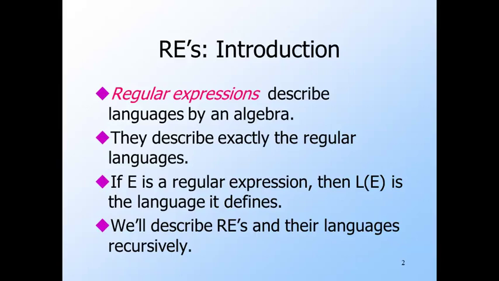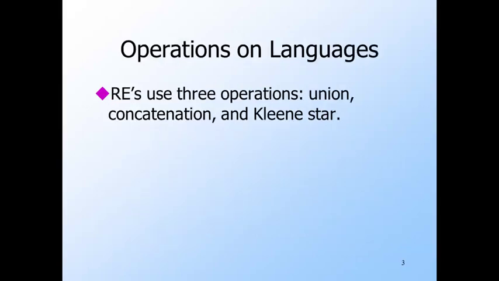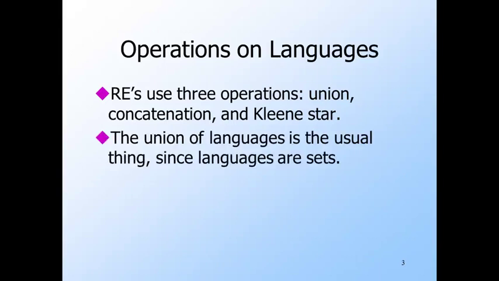We'll use L of E as the notation for the language described by the regular expression E, and we will describe regular expressions and their languages recursively. Regular expressions use three operations: the union, concatenation, and the Kleene star.